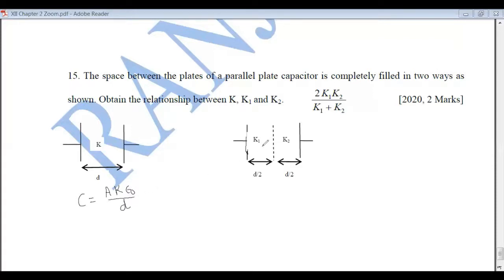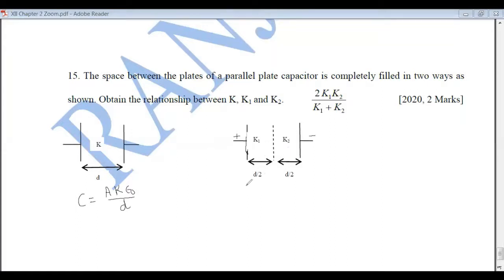Okay, now in the second figure, if this is connected to the positive side of the battery and this is connected to the negative side of the battery, we see that these two act like different capacitors and they are connected in series. So let the capacitance of this capacitor be C1 and the capacitance of the other capacitor be C2.